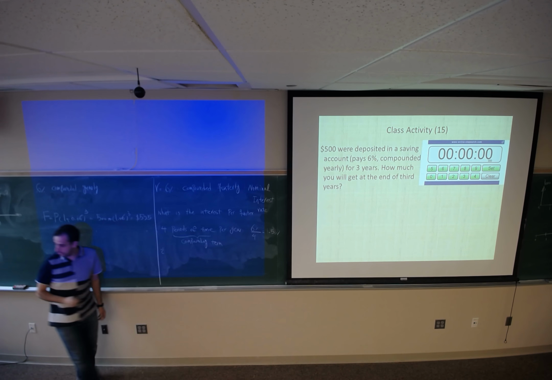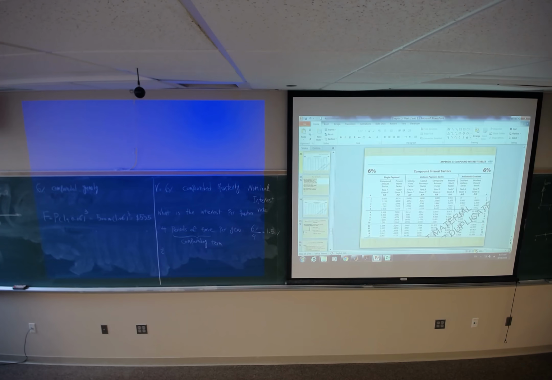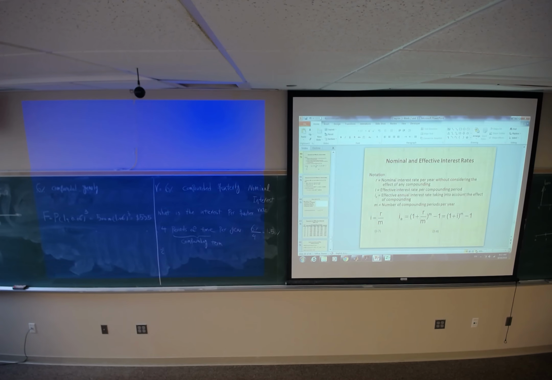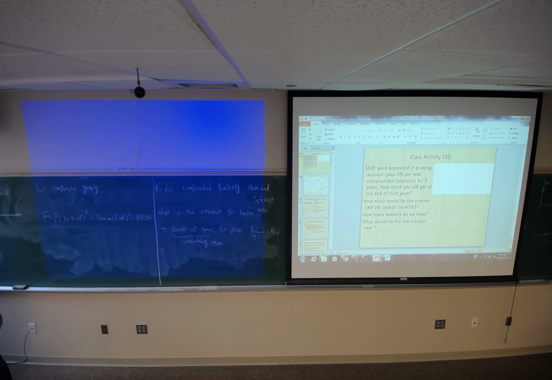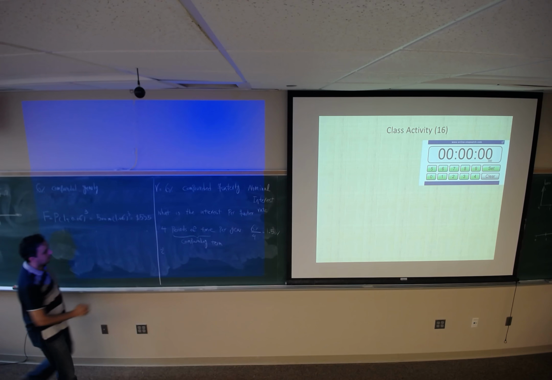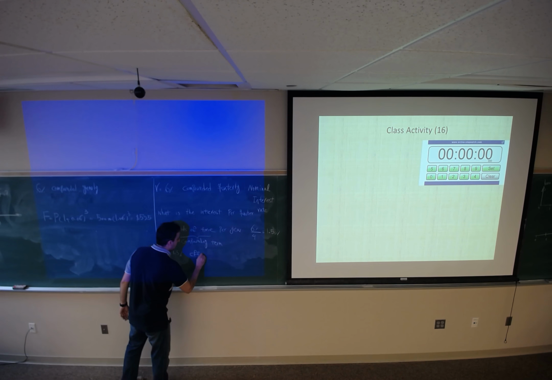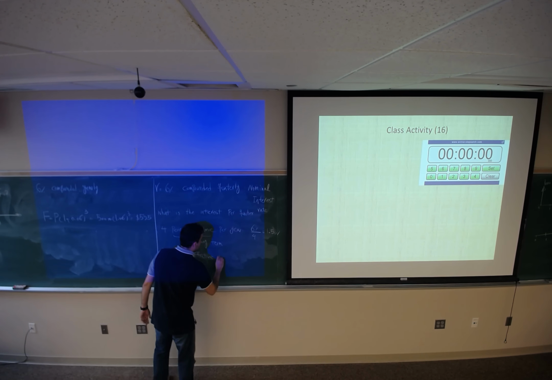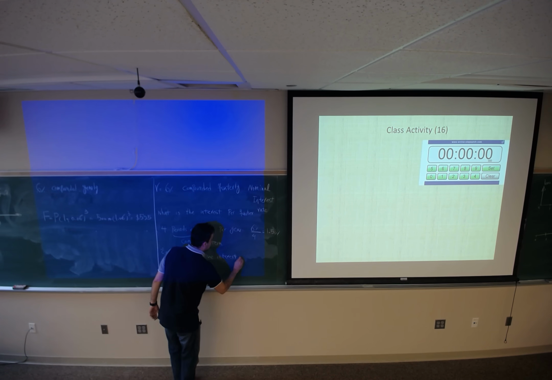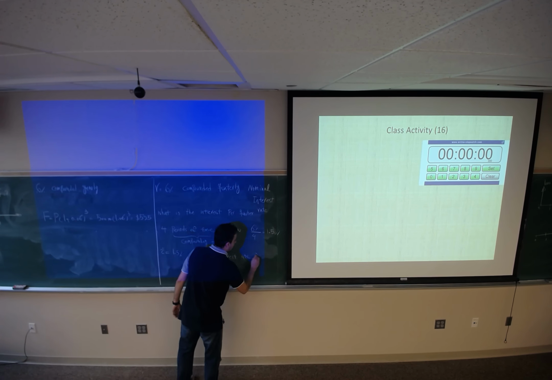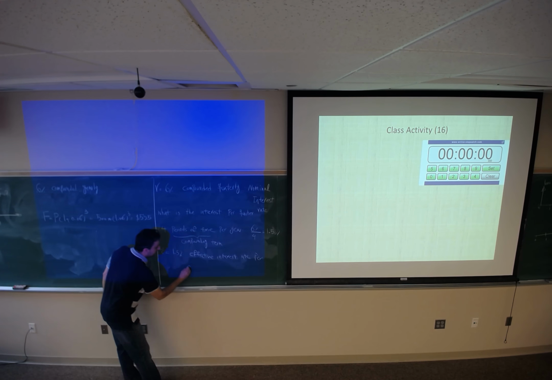We call that I. I is 1.5%. We call it effective interest rate per compounding term, not per year.